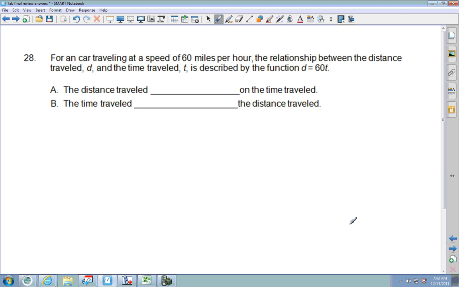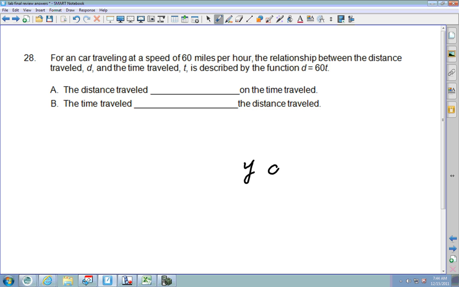The next one: for a car traveling at a speed of 60 miles per hour, the relationship between the distance traveled and the time traveled is described in the function d equals 60t. The distance traveled blank on the time traveled. Okay, so I guess we're going to use phrases like depends on, determines, and stuff like that.